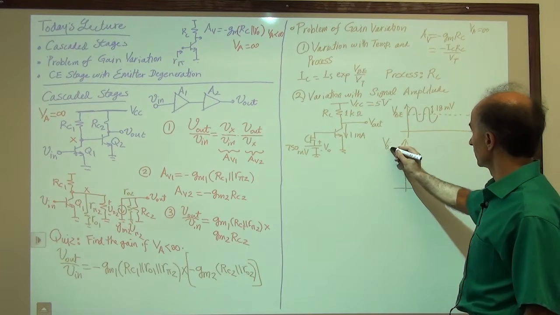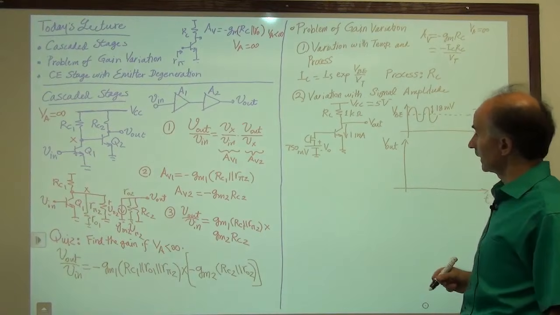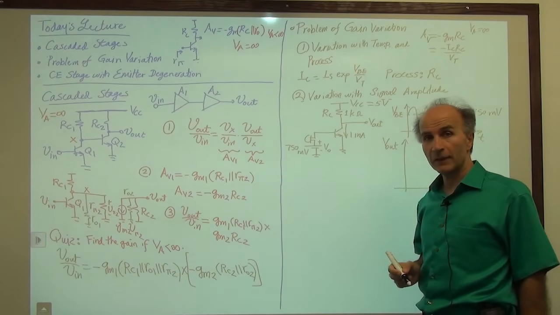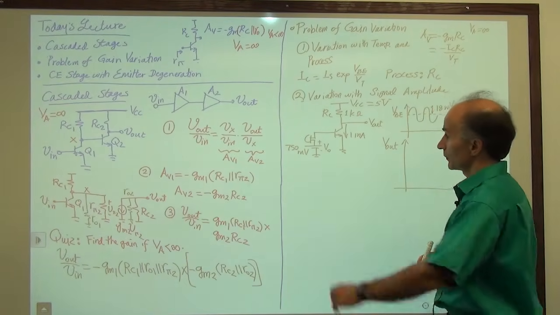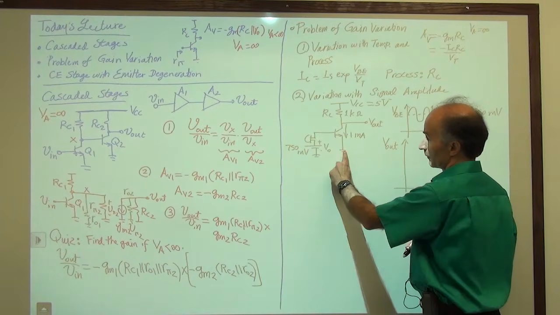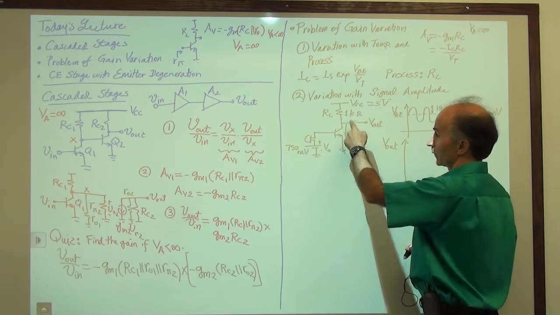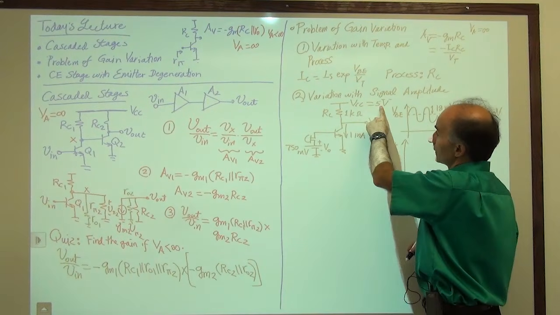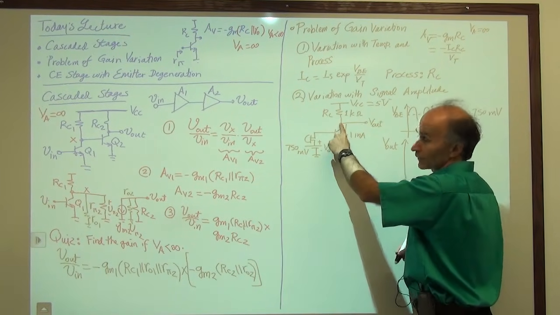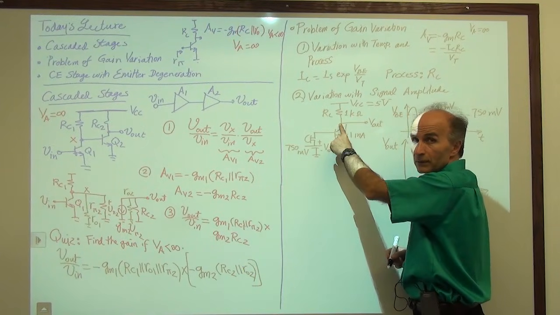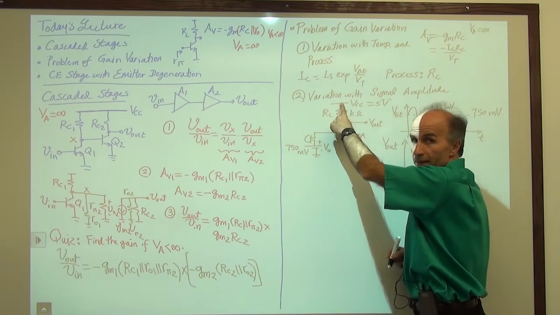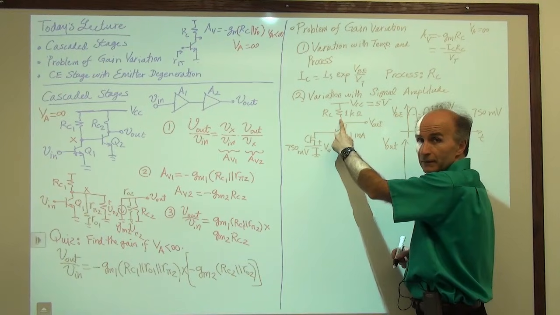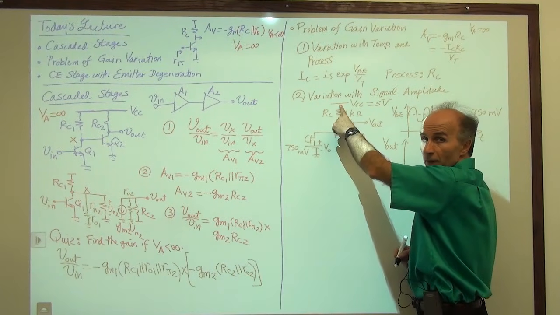So for the output, in the absence of a signal, how much DC level do we have? So there's no signal here. We have 750 millivolts from base to emitter. We have 1 milliamp of current in the collector. VCC is 5 volts. If you remember, the DC voltage at the collector is equal to VCC minus RC IC.